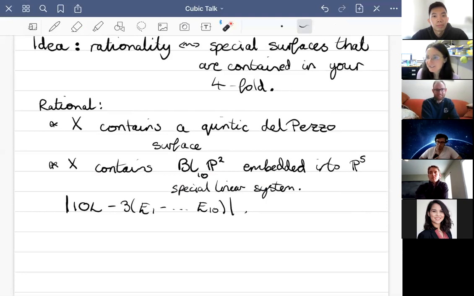Maybe I can add one comment. If you think about automorphisms of P2, they're the same as automorphisms of a three-dimensional vector space. And there's a 9-dimensional family of these things, like 3x3 matrices with non-zero determinant.